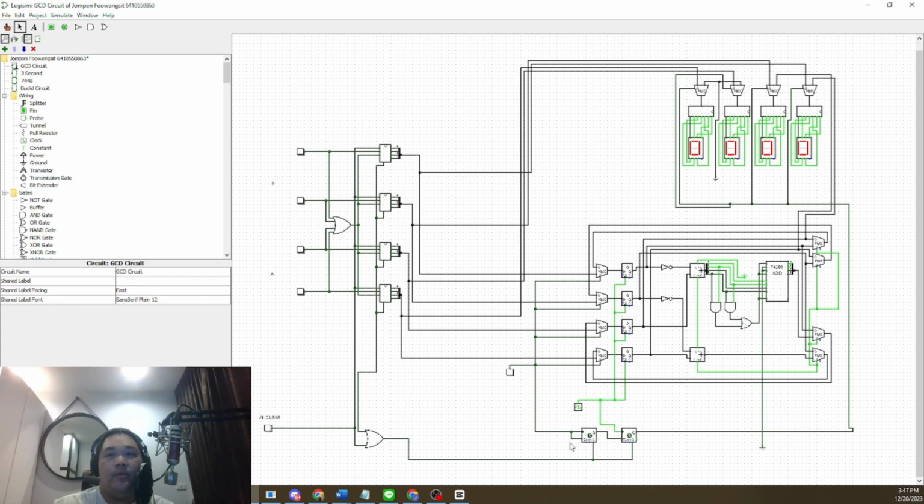In the main circuit, we have to connect more registers like D flip-flop and T flip-flop to make the display tick with the clock. And here is the button that clears. We want to clear the whole circuit with this button. I will show you.